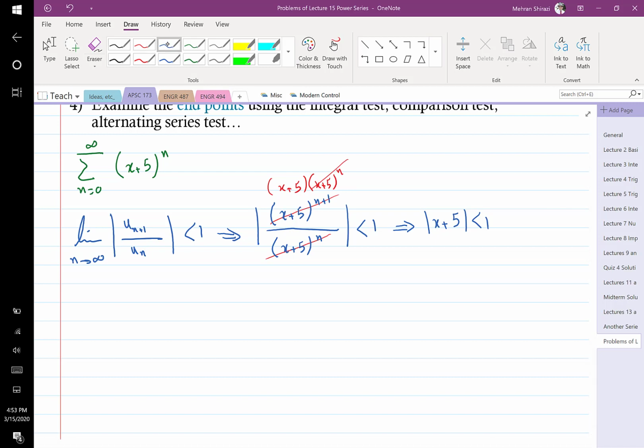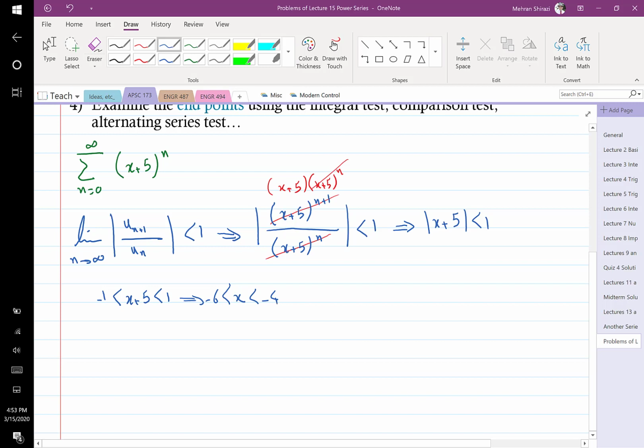When the absolute value of x plus 5 is less than 1, it means x plus 5 is between negative 1 and 1, or x is between negative 6 and negative 4. So we found the interval.